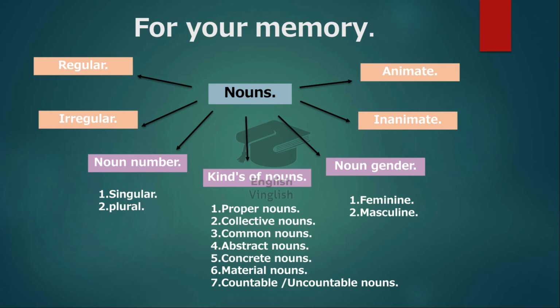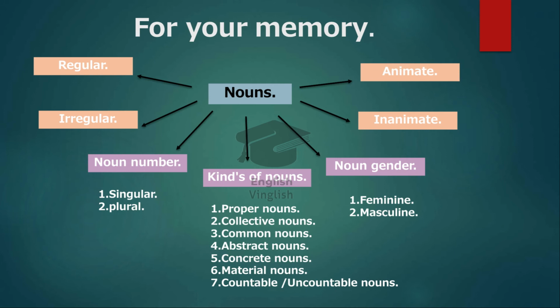Concrete nouns and abstract nouns. Concrete nouns have physical existence and they are tangible. We can see and also we can touch. For example, stone, butterfly, desk, etc. Abstract nouns means they are not tangible.